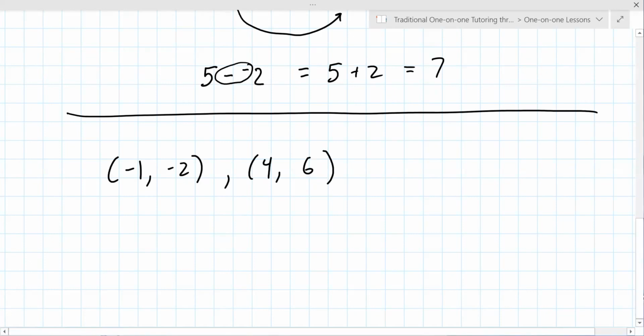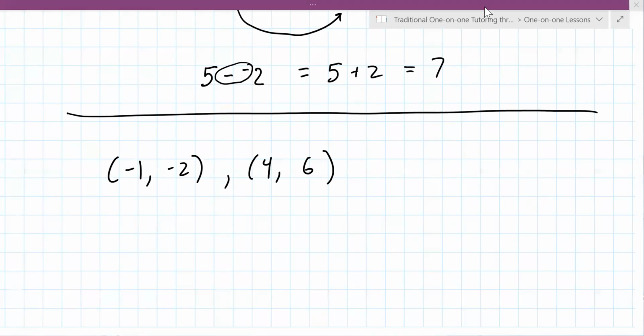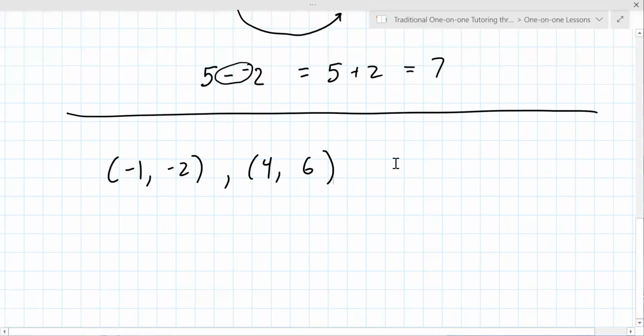I want you to find the slope between those. How are you doing on this one? I'm doing good.